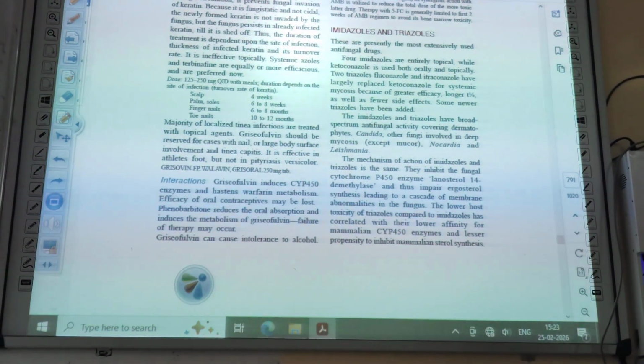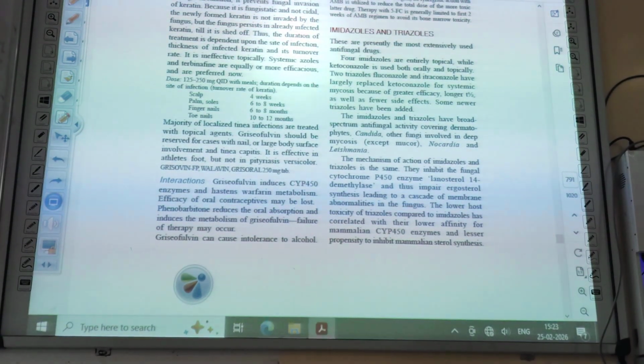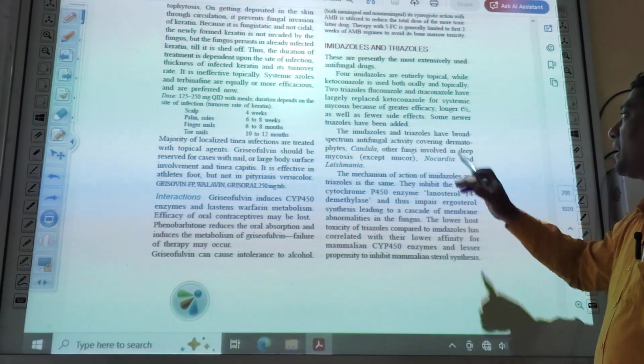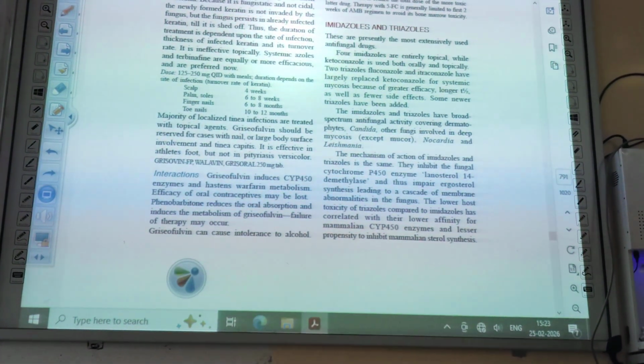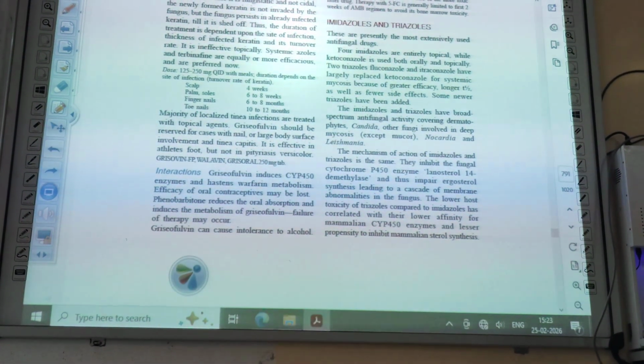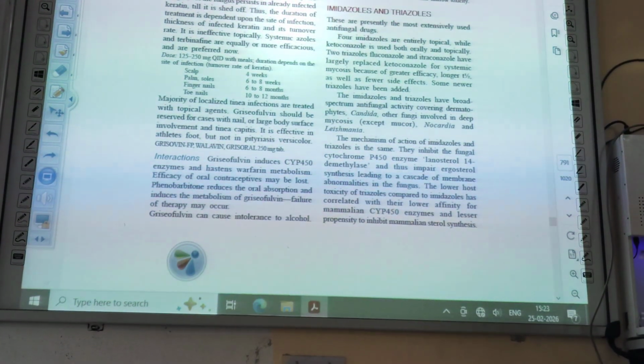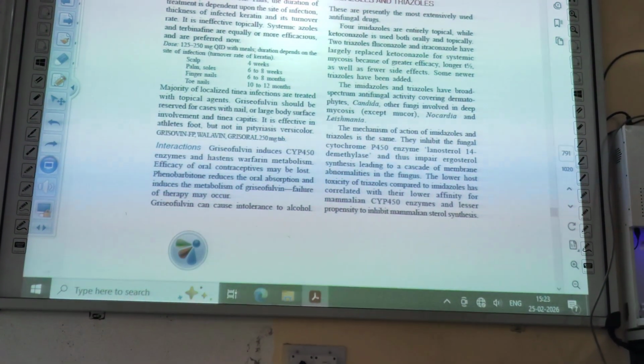The imidazoles and triazoles have broad spectrum antifungal activity, covering dermatophytes, candida, and other fungi involved in deep mycosis.